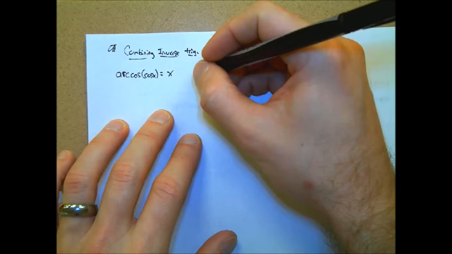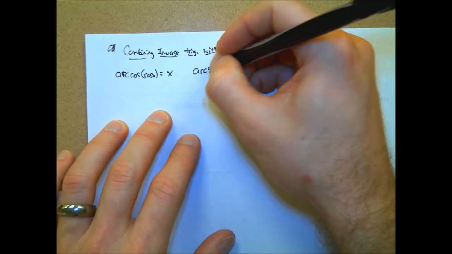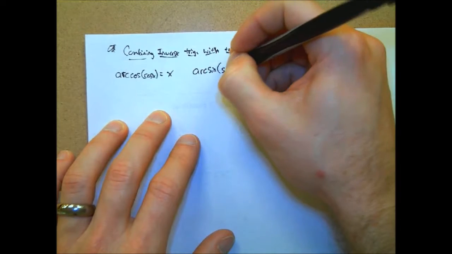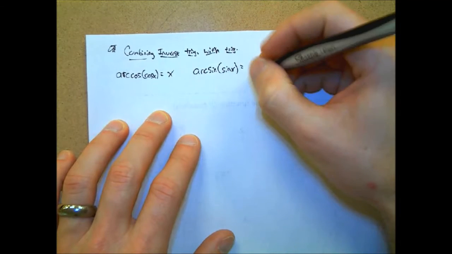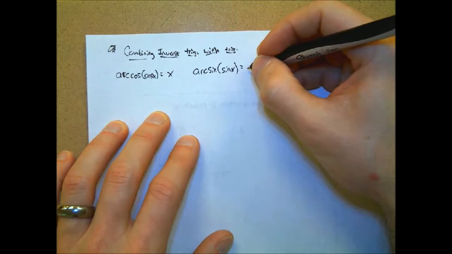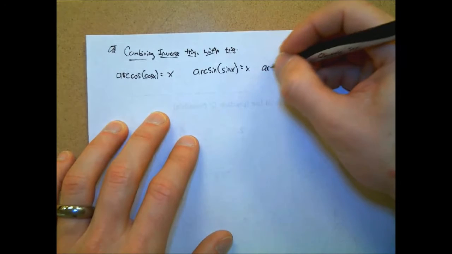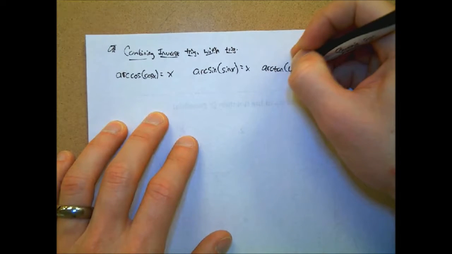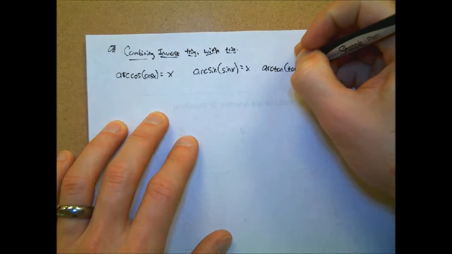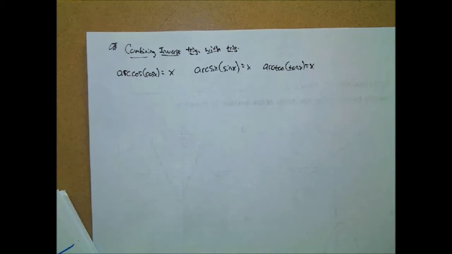If I do arc sine of the sine of x, what does that equal? Not a trick question. x. And then what about arc tangent of the tangent of x? It's x. So these things are inverses. But that's too easy for us.